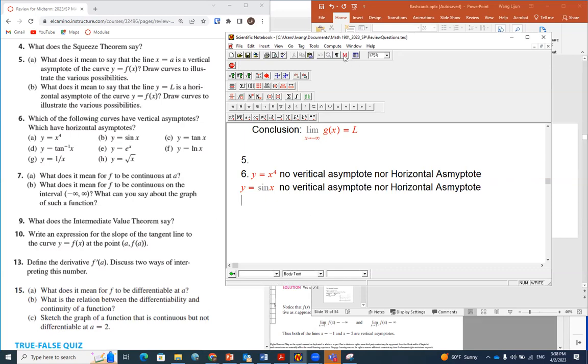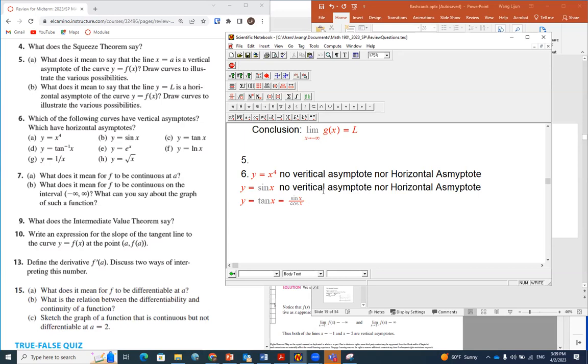And for tangent x, it has lots of vertical asymptotes, and has no horizontal asymptote. And all you have to do is just look at the domain, right? You look at the domain. The domain of tangent is, and of course, if you like to see how and why, sine x over cosine x, right?